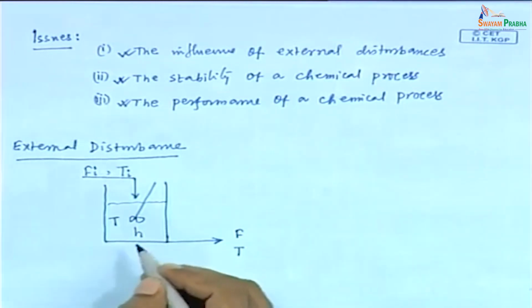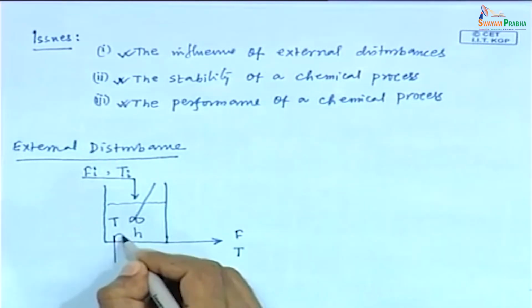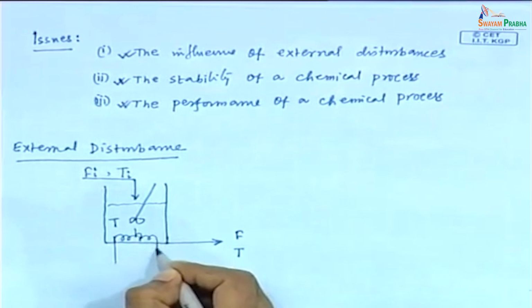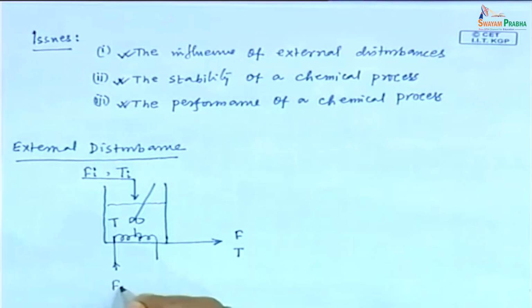Now to heat up this process, we need to introduce one coil through which steam is going with a flow rate of F suffix ST. Fine. So this is a heating tank system.